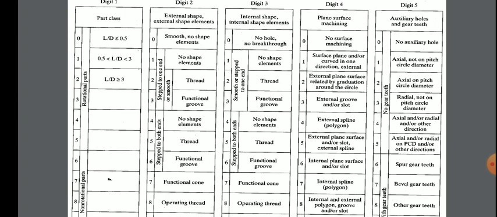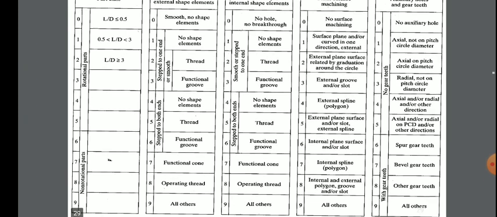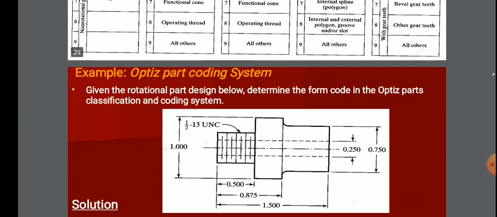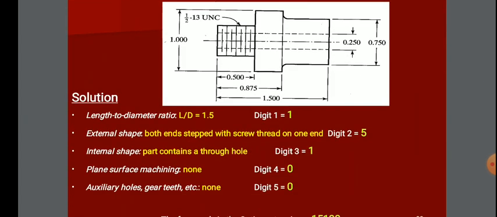Stepped to both ends, so 4, 5, 6 stepped to both ends, and thread will be there. The part has been operated on both sides by step turning, and also has a thread cutting operation. So we have to put 5 as digit 2.